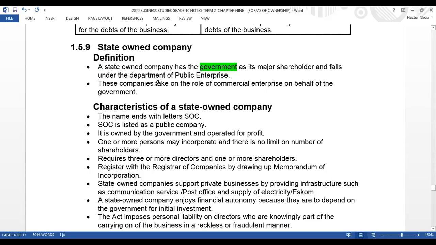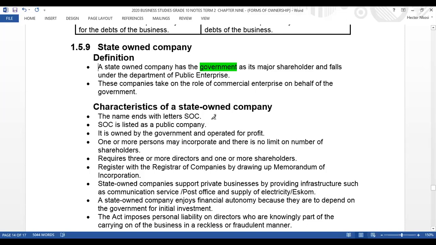These companies take on the role of a commercial enterprise on behalf of your government. Characteristics of your state-owned companies: the name ends with the letters SOC.